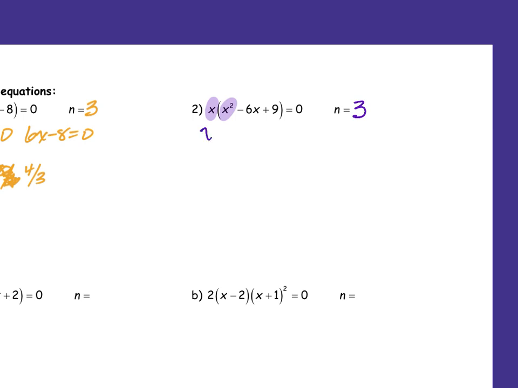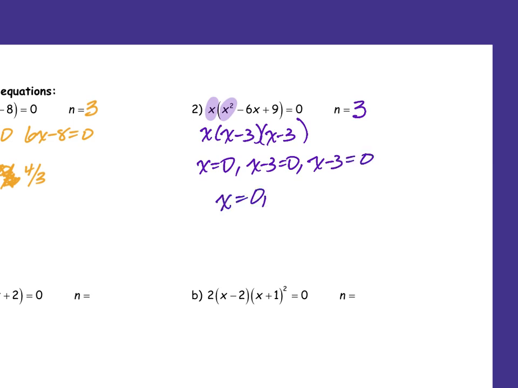So I'm going to have x times (x minus 3), I think it is. Yep. So x equals 0, x minus 3 equals 0, and x minus 3 equals 0. So x is going to equal 0 or 3.